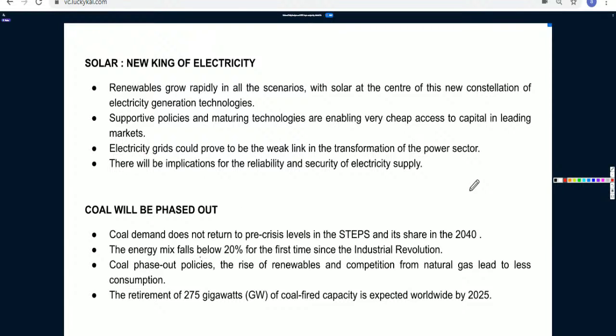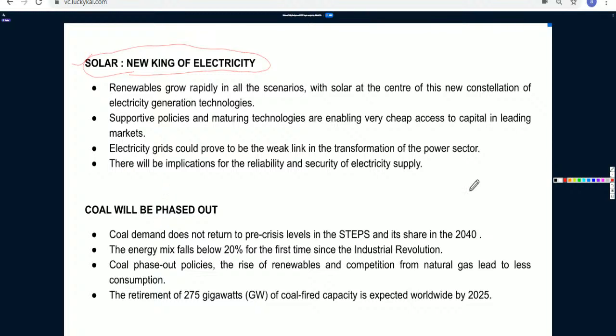Now we will talk about some specific sectors that were in the news recently. If we talk about solar energy, it will be the new king of electricity. Solar energy will grow to the highest. As you know, the One Sun, One World, One Grid initiative has been recently mooted by the Indian Prime Minister.